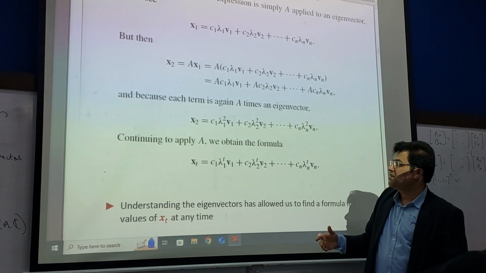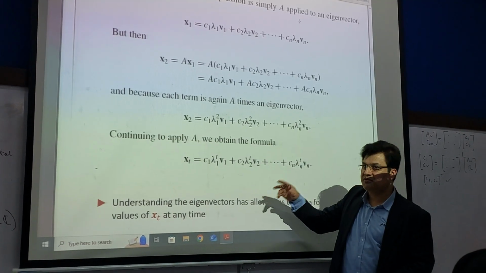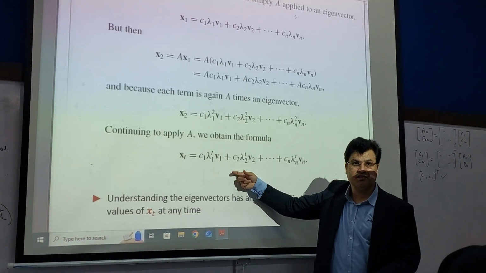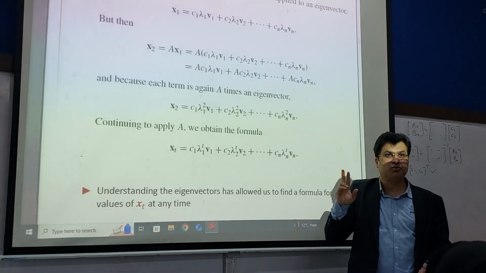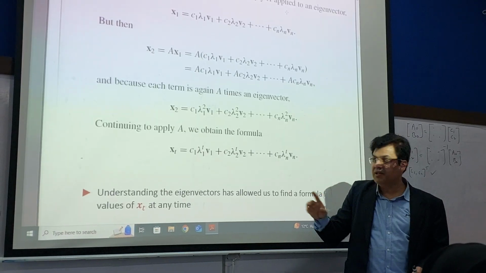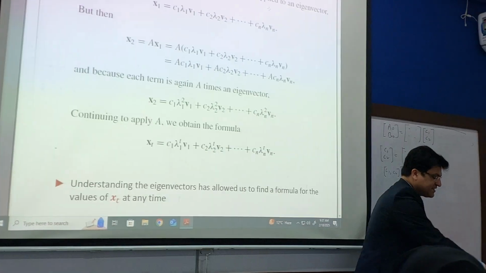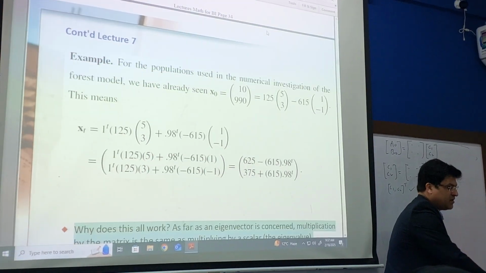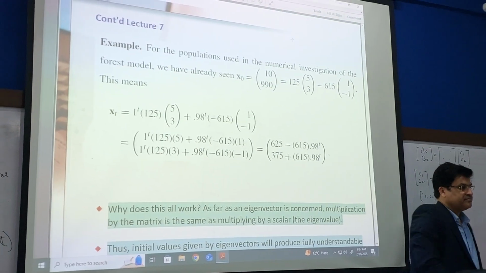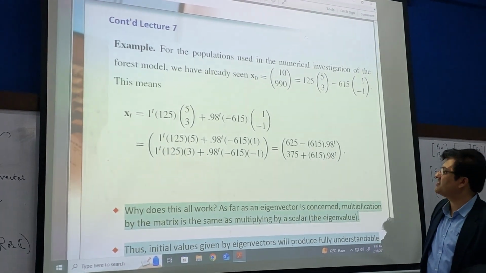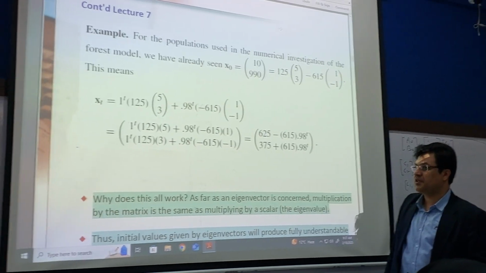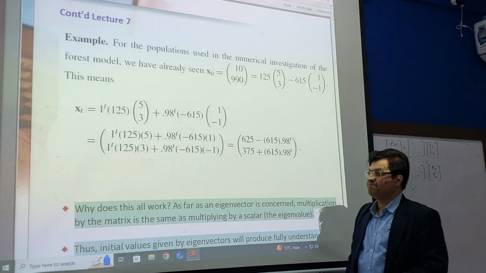So let us do this example of two trees and apply this here. Because we had two types of trees, A and B, we got two eigenvectors, so let us see what scenario will be formed. Oh, so this is almost the last part.